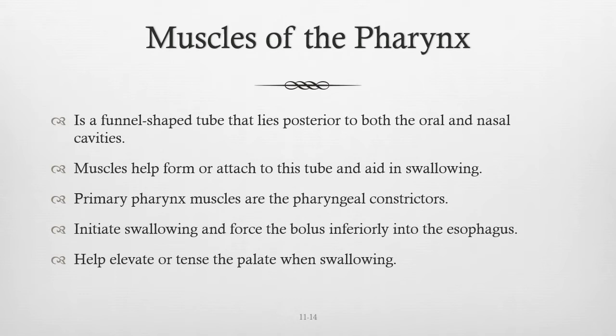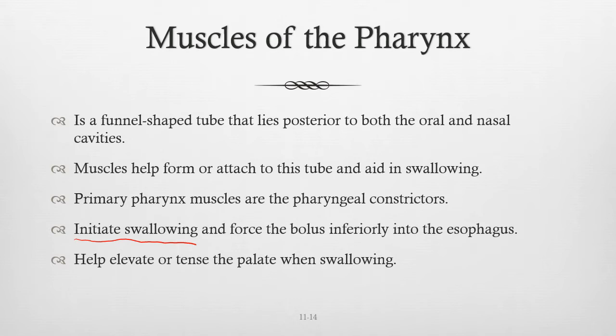And so one of the big things is that the pharynx is going to be the portion where we initiate the swallowing reflex. As the food gets pushed back in towards the pharynx, it's going to set off a series of reflexive contractions that's going to direct that food into the esophagus rather than down into the trachea or the larynx before it.